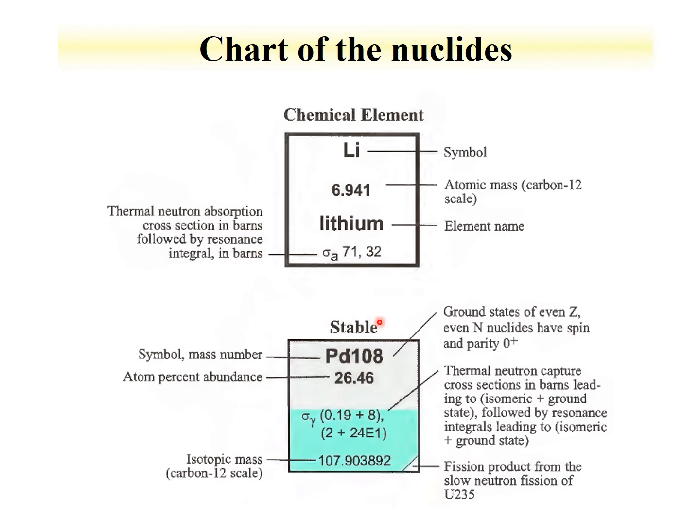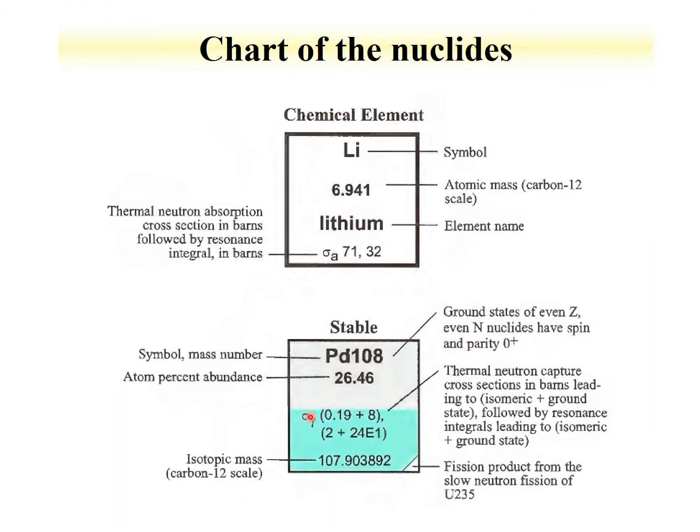For a stable isotope, which is listed in gray, stable or very long-lived isotopes are in gray, you get the symbol, the mass, the atomic percent abundance, the ground state spin and parity of even Z; as we stated earlier, even nuclei are 0+.